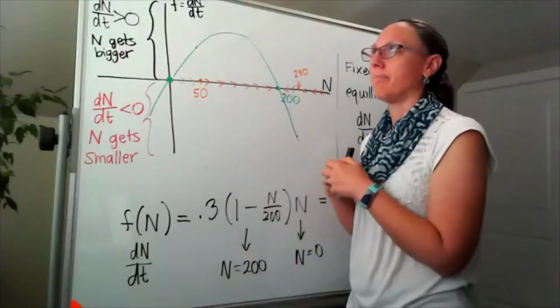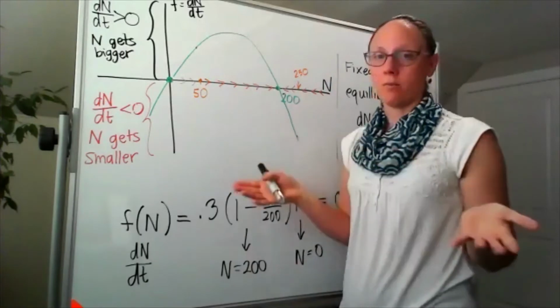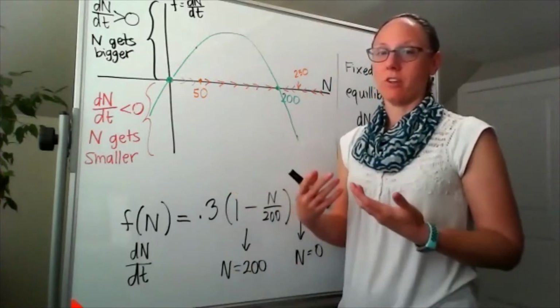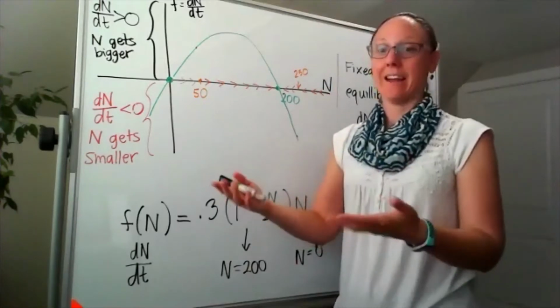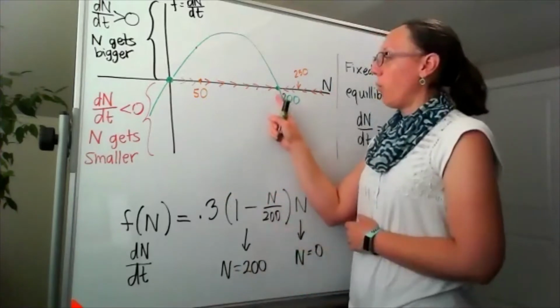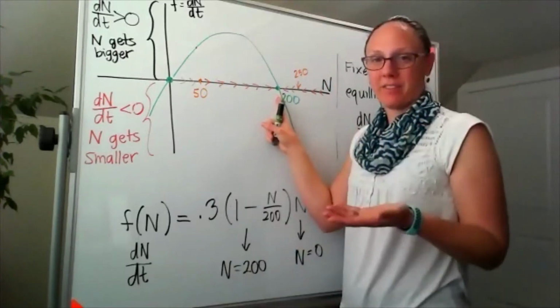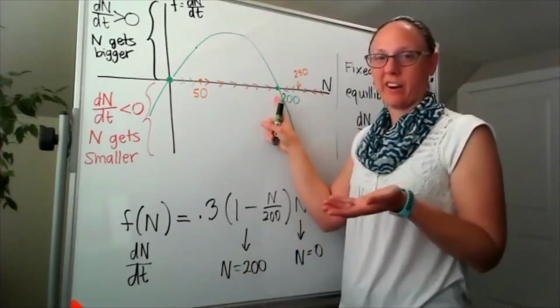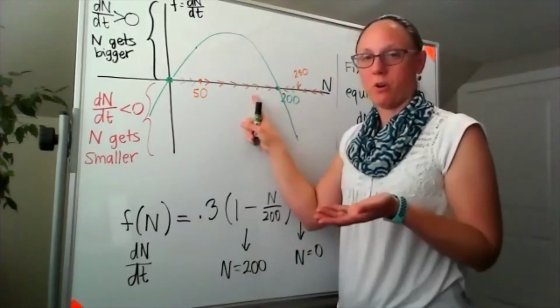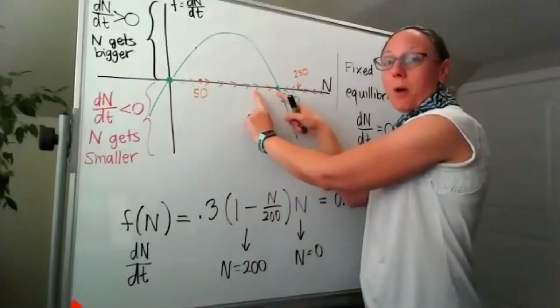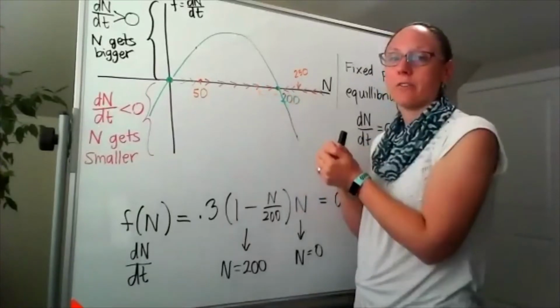Maybe there were storms during egg laying season and more of the turtle eggs didn't hatch that year. So we were kind of at this stable population of 200, but something in the environment happened in a single year that pushed us down below 200. Well, this model says our population is going to climb back to 200.